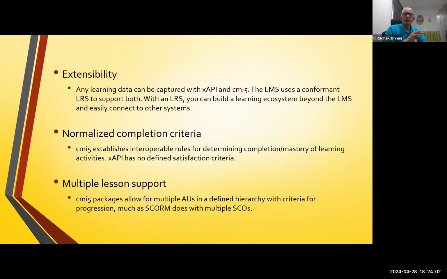And when you talk about cmi5, it establishes interoperable rules for determining the completion and mastery of learning activities. xAPI has no defined satisfaction criteria. When you compare one system to the other, broadly every system meets the core requirements, but xAPI and cmi5 stretch themselves and move forward.